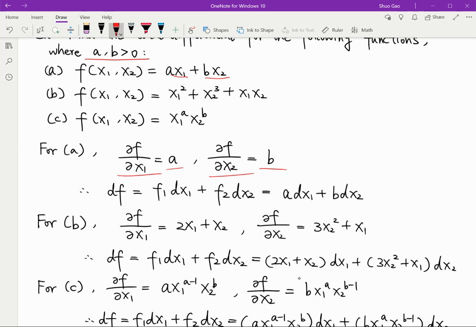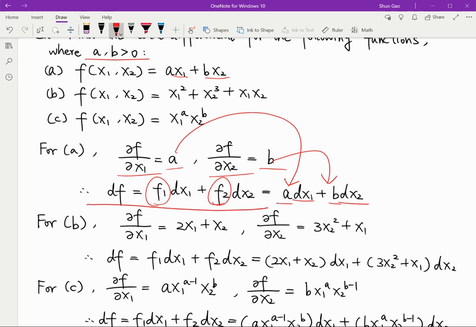So we first find the partial derivative of the function with respect to all the variables. Here, partial f over partial x1 is a, and partial f over partial x2 is b. And then we use the formula here to find the total differential. So f1 means the partial derivative of the function f with respect to x1, and then this is partial f over partial x2. Just plug in here: a dx1 plus b times dx2.